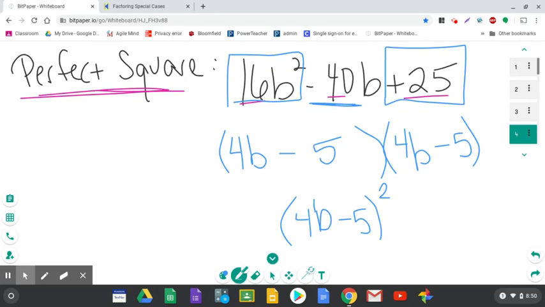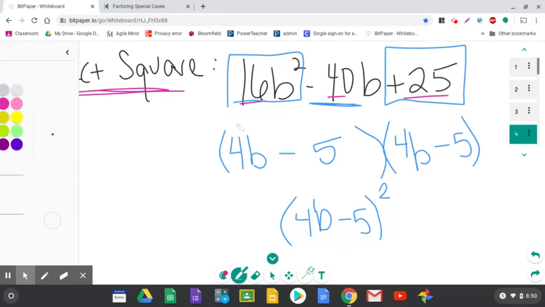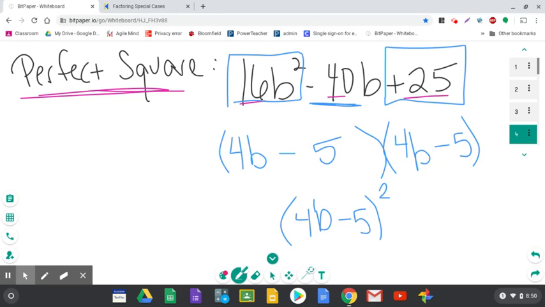Now, just to make sure that it is in fact a perfect square trinomial, you should kind of check it or FOIL it to make sure it really works. Because remember, it would have to be the outside pieces and the inside pieces added together to give you that middle term.